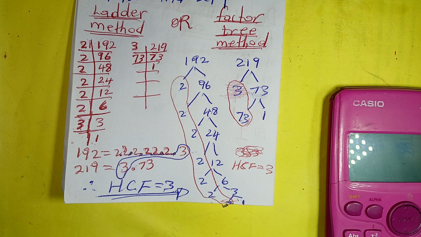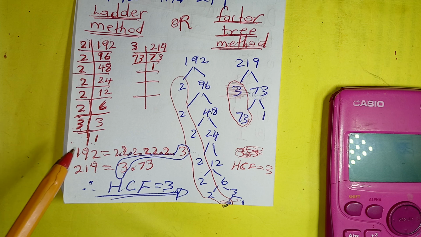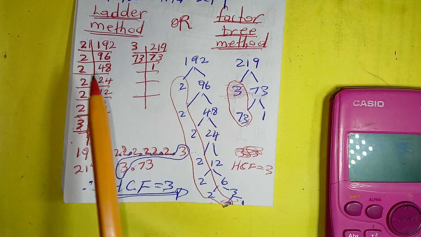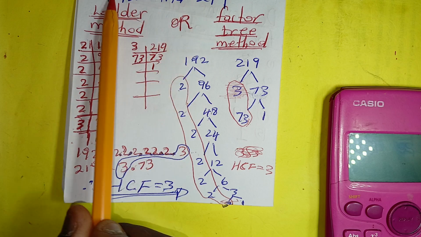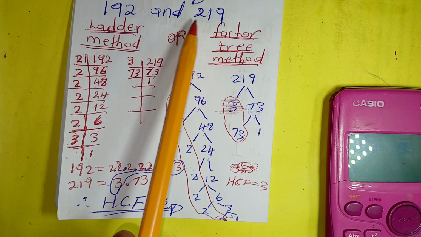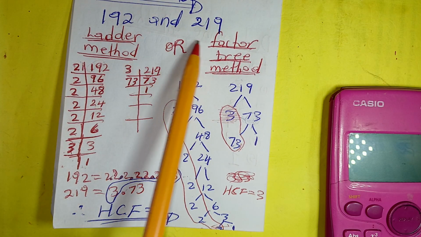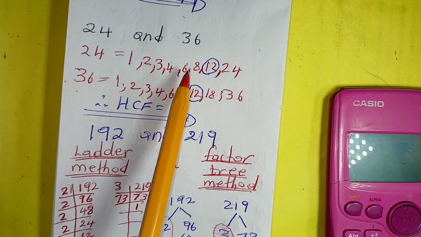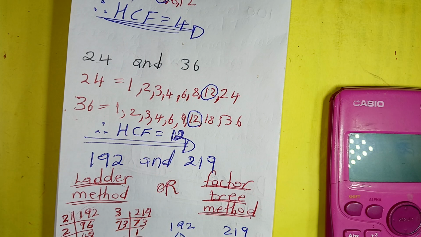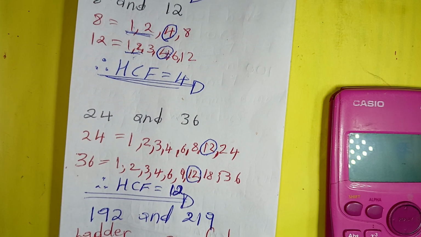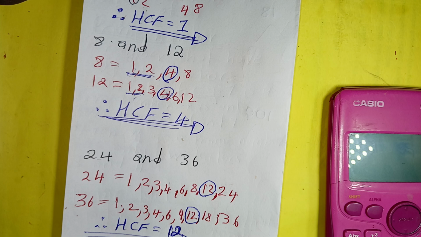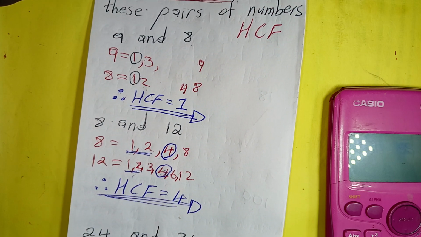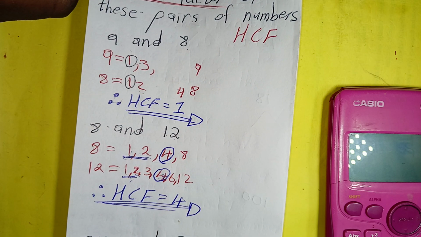Do you understand, guys? So when do we use this method? We use this method if we have bigger numbers, like these ones, do you see? But if we got small numbers like this one, we can just do a simple approach. It's easier to identify the common factor. These are just small numbers.